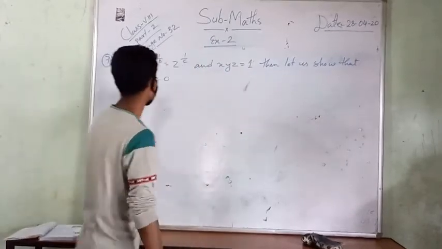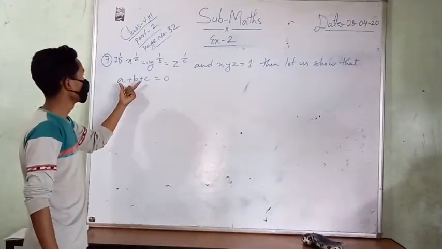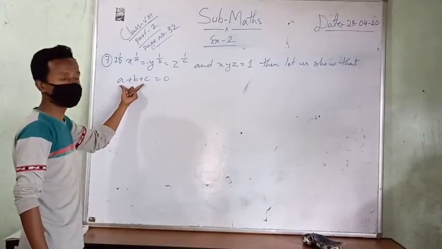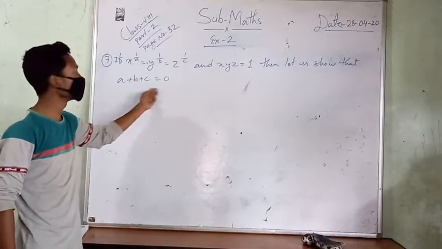Then we have to prove that the value of a plus b plus c is 0.